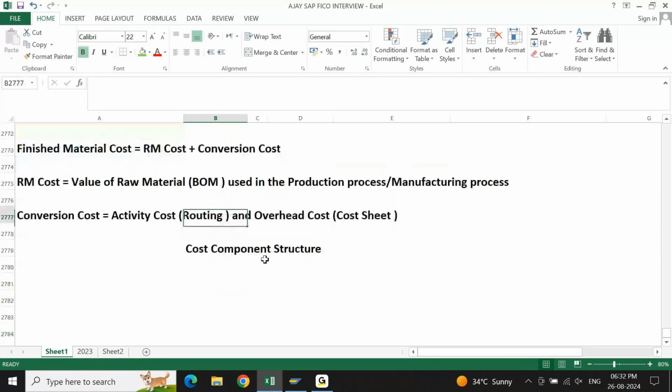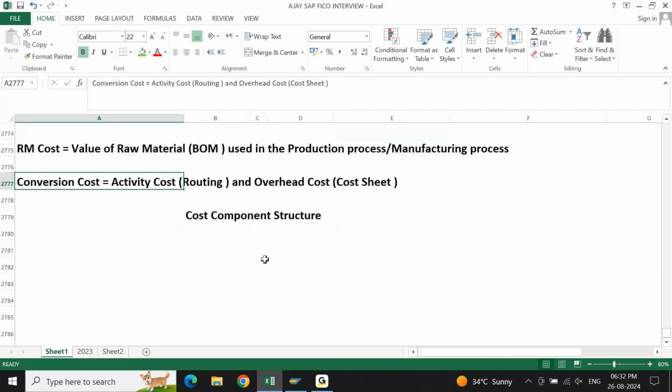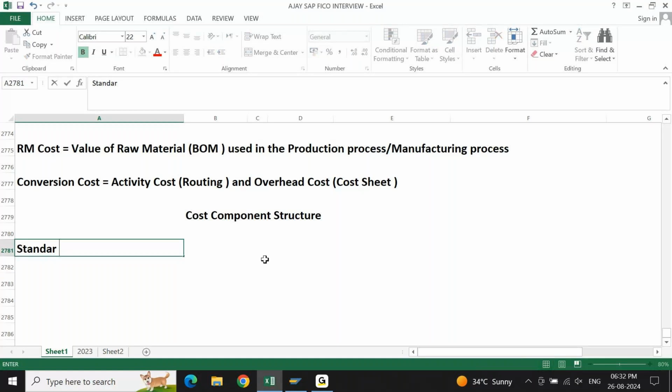When I say this is called the cost component structure, here I can say my standard cost is 1000. This standard cost of 1000 is formed with the help of three attributes. Point number one, raw material, let's say around 600.